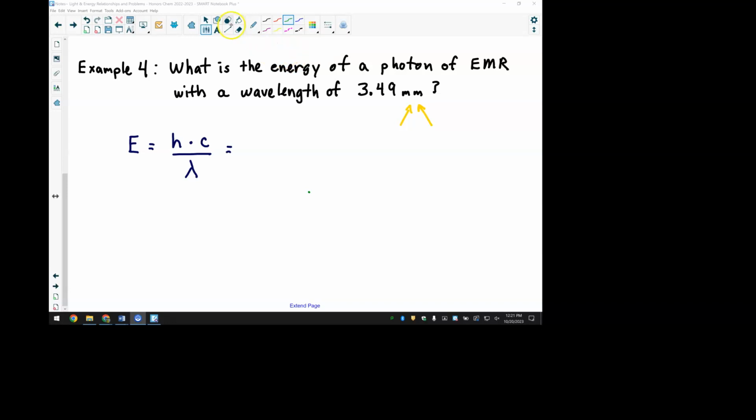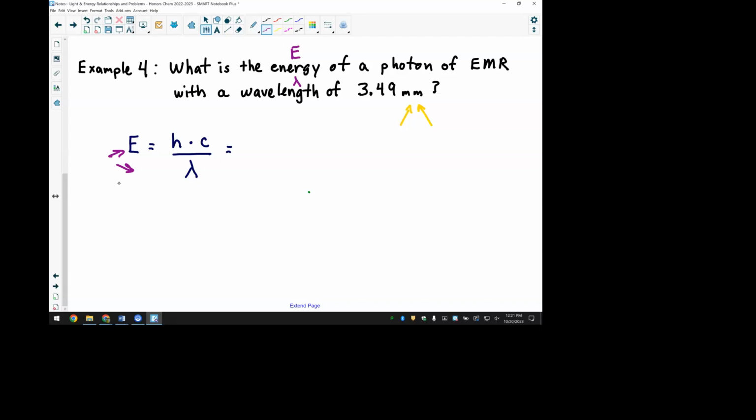Let's do the diagnosis. What is the energy of a photon with a wavelength of that? I need the equation that has energy and wavelength in it. That's the third equation that Mr. S told us about. See how I'm diagnosing the problem?